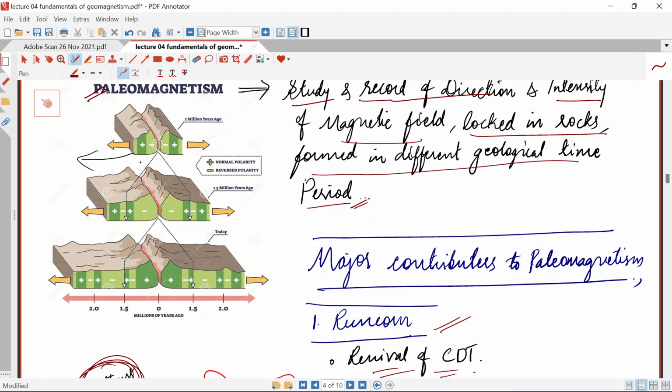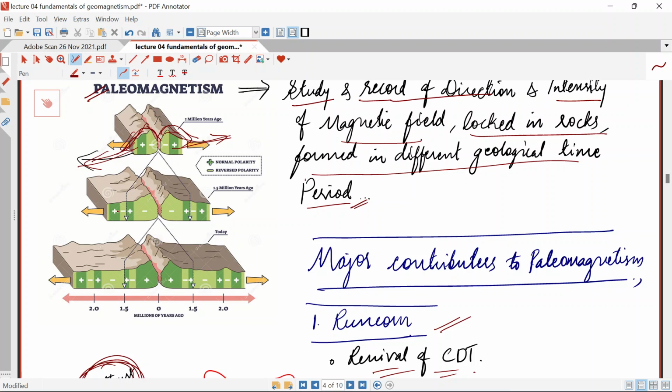There are changes in the oceanic surface. If you consider this as the ridge, or mid-oceanic ridge, spreading takes place on both sides. This is spreading because of lava eruptions. There is seafloor spreading. So this spreading takes place.